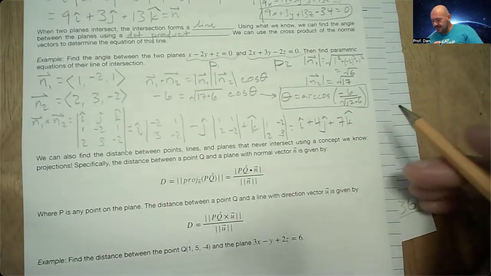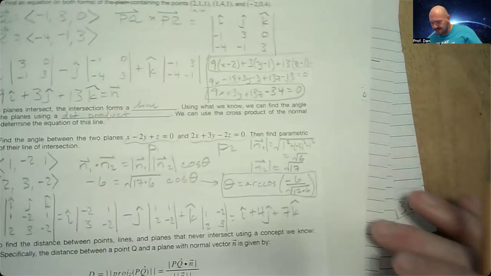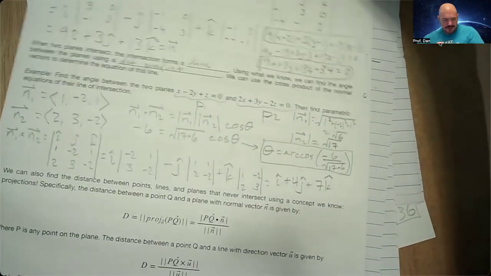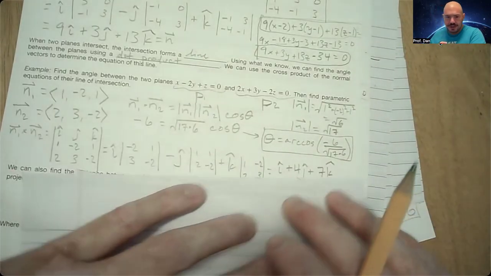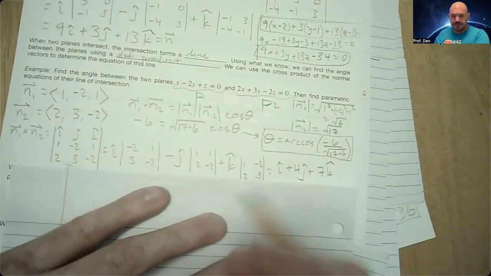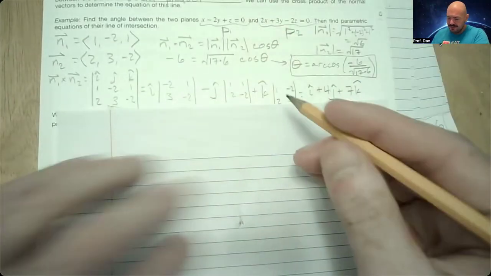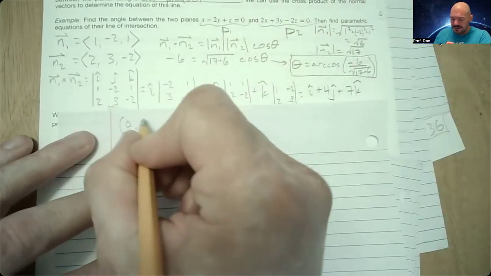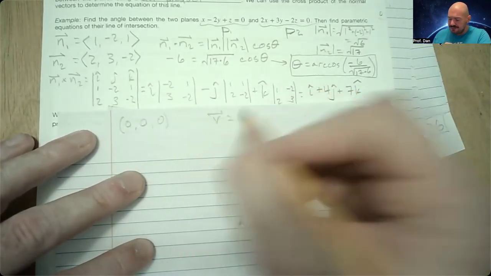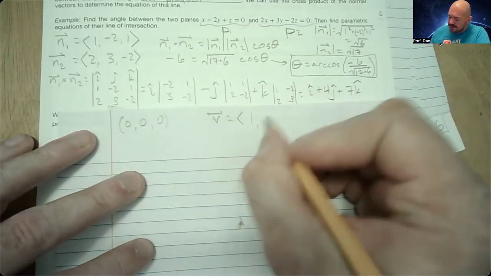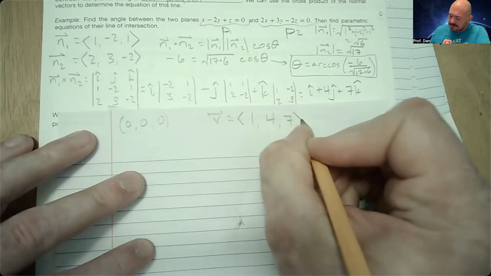So, didn't give myself enough space here. These are planes from earlier. There we go. So to write my parametric equations, right, we're using the point 0, 0, 0, and we're using direction vector 1, 4, 7.